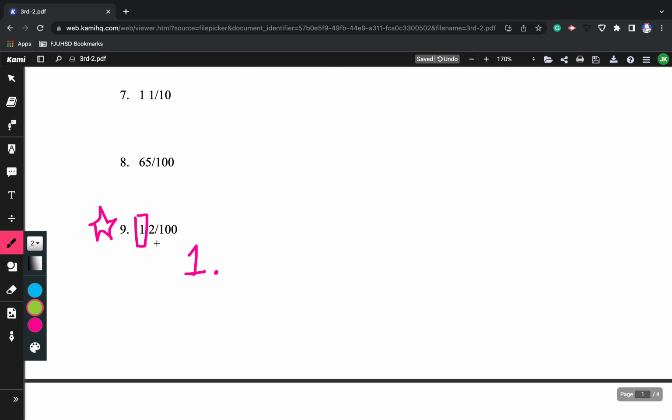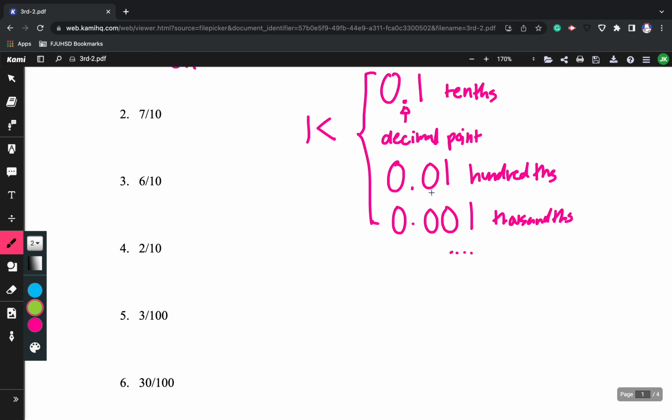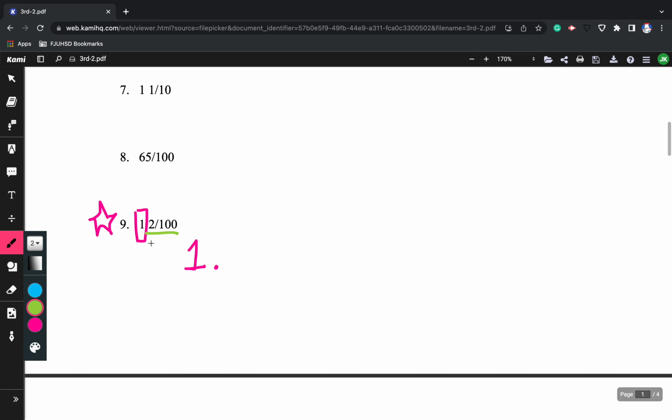Actually, I'll use a different color. 2 hundredths, 2 over 100. First we see it's in the hundredths place, and the hundredths place is going to be 2 places away from the decimal, and the number they're asking is 2. So that's it, 1.02. I think that's pretty simple.